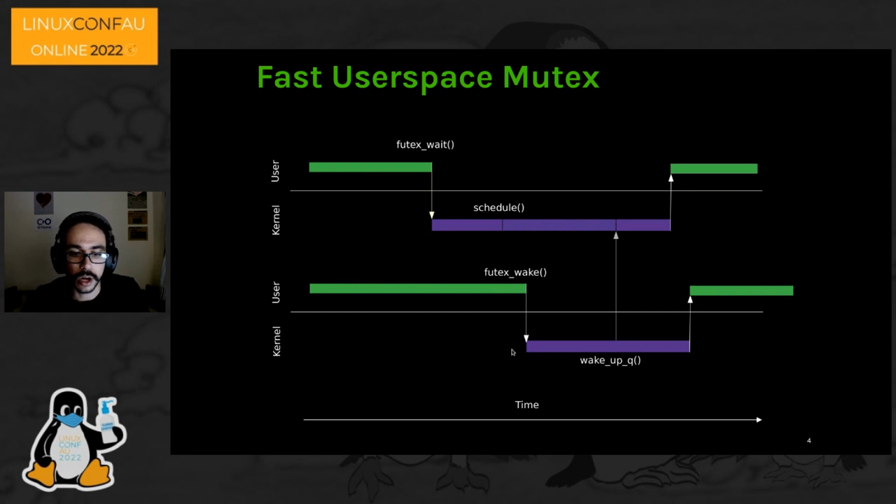So we get back to the kernel, we look up whether there is anyone really waiting at this address, and if we find someone, we wake them up, and then this thread gets back to user space and can finally do the work. So this is a very basic overview of what futex is. I said a lot about mutexes, but this can be used for barriers, semaphores, and a lot of sync primitives.